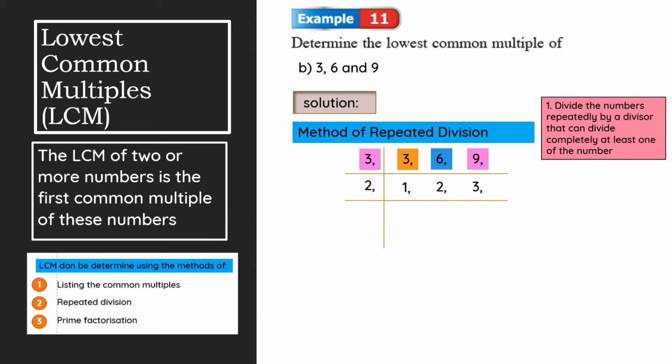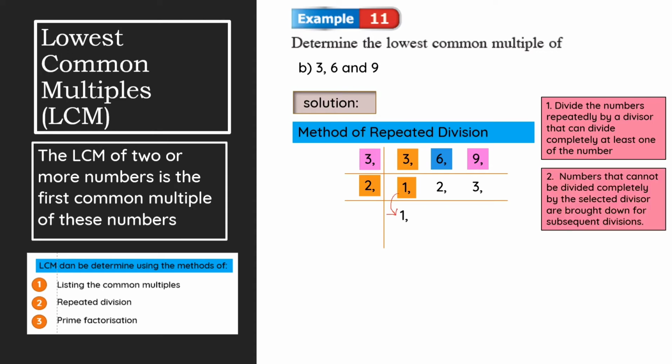After this, we still need to divide these numbers. 1 divided by 2, so we just write 1, because 1 cannot be divided by 2, we bring down 1 from here to down here. Numbers that cannot be divided completely by the selected divisor are brought down for subsequent division. So, we bring this 1 down here.